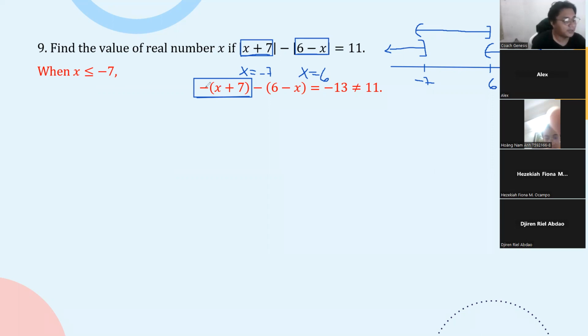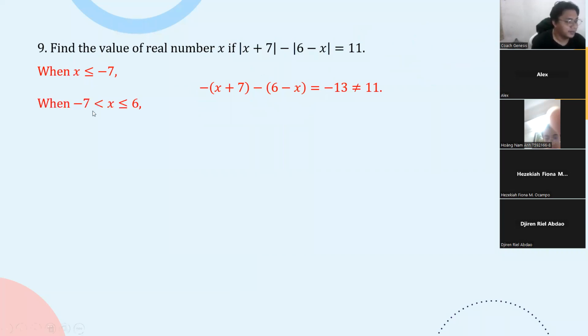When you simplify this one, this becomes -x - 7 - 6 + x. You get rid of the variable x and you will have -13, right? However, -13 is not equal to 11, which means that you can just get rid of the solution set. So that is not included.